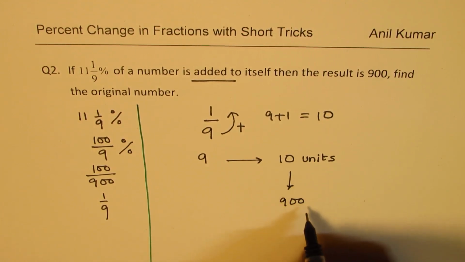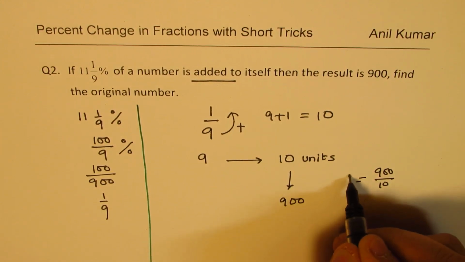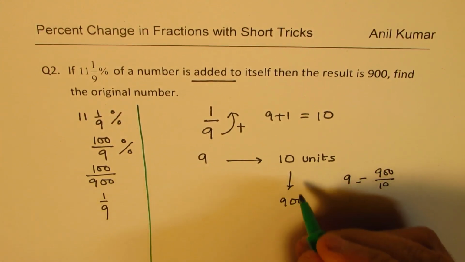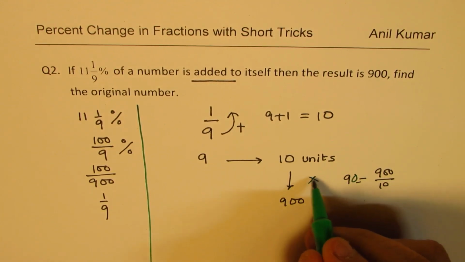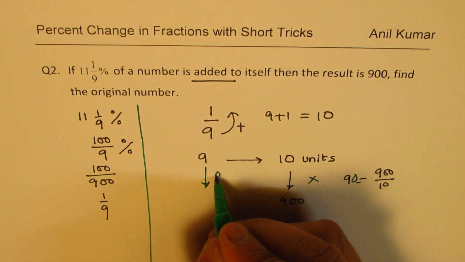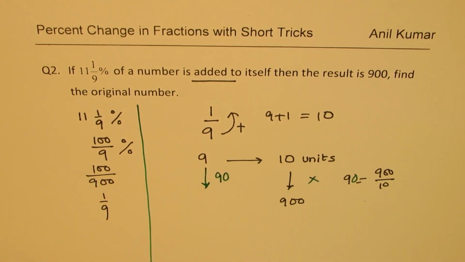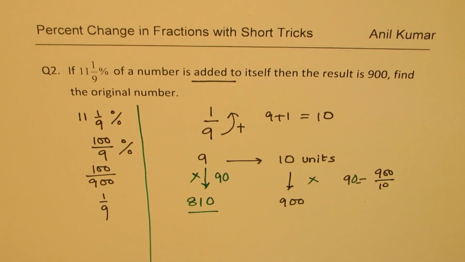That means each unit is how much? 900 divided by 10 is 90. So we need to multiply by 90 to get 900. So I should multiply the 9 also by 90 to get my result. When I times this by 90, 9 times 9 is 81, I get 810.